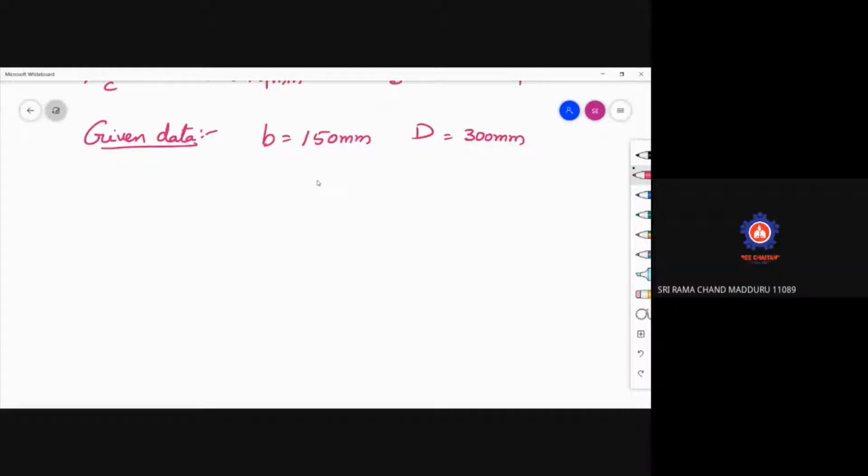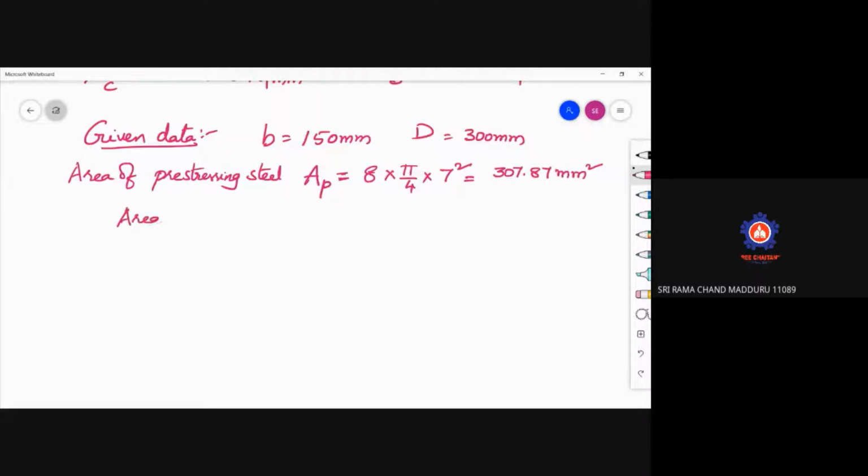So write down the area of pre-stressing steel, AP is equal to 8 into pi by 4 multiplied with 7 square. Area of cross section A is equal to 150 into 300.